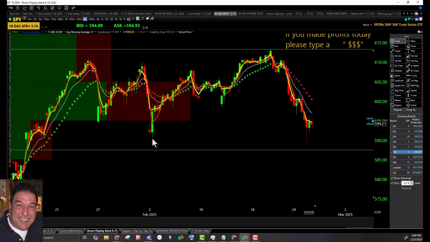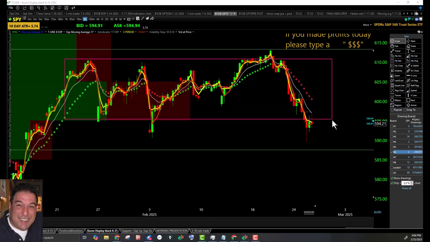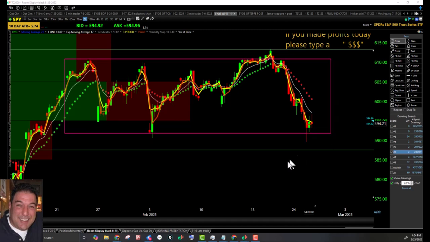Now notice we tested the bottom of major support of this consolidation. It's not the cleanest consolidation, but if you box all of this price action in, that is a bull flag, because we came from a lower location up to this destination here, and then we bull flagged over to the right. That was the major support of all this consolidation.